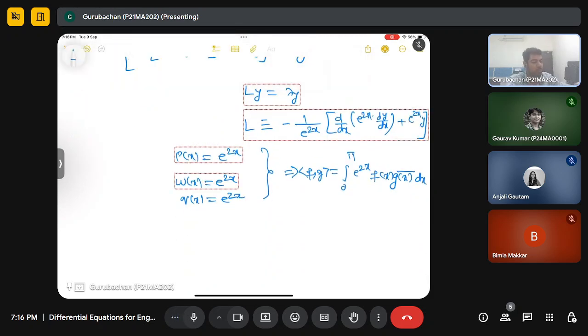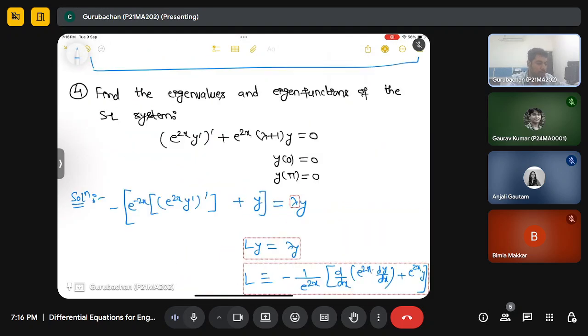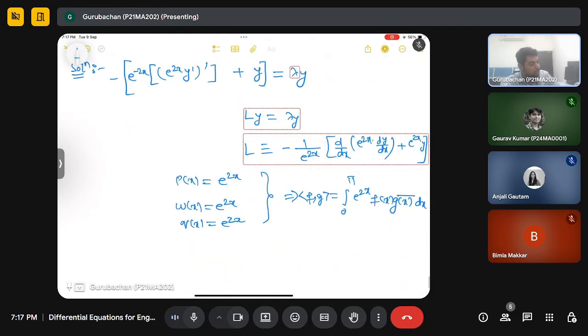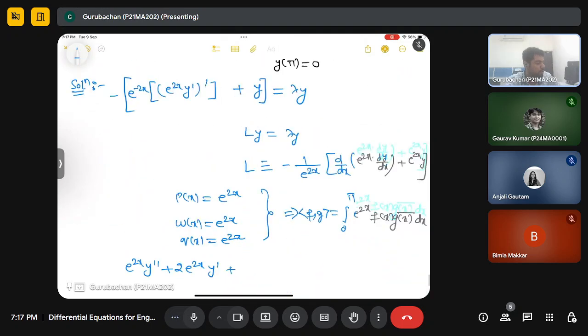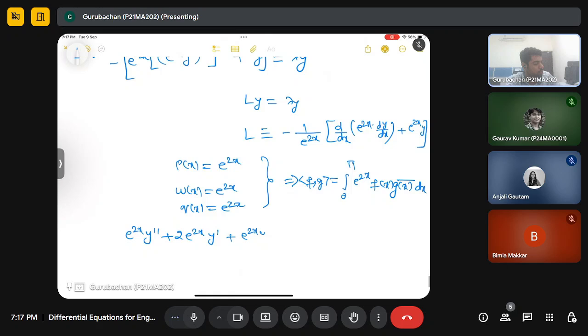Next is to find out its solution. To find out its solution, you can differentiate it, and since e to the power 2x is non-zero everywhere, you can take the other side of the equation. So let me write it: e to the power 2x y double dash plus 2 times e to the power 2x y dash plus e to the power 2x y plus lambda times e to the power 2x y equal to 0.